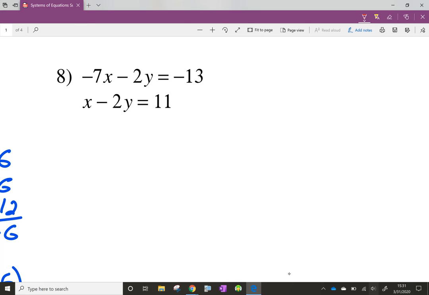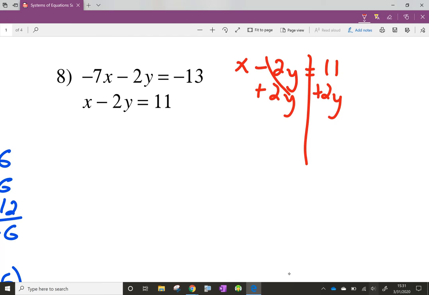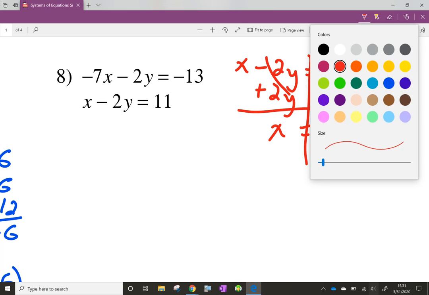So I'm going to try and isolate this x so that I have x equals and then have everything on the other side. So for that equation, I have x minus 2y equals 11. I just have to simply add the 2y to the other side. And now I have x equal to 2y plus 11. And now it's x instead of y, but that's okay.